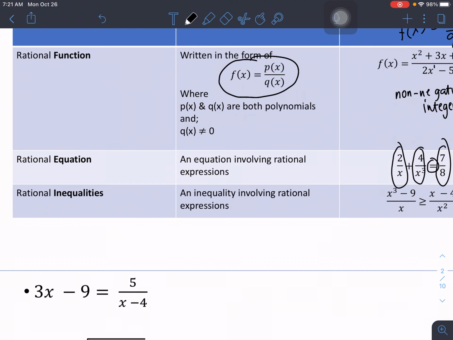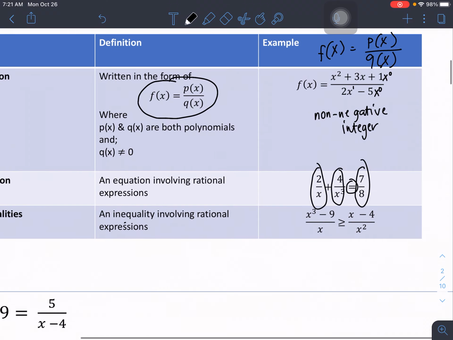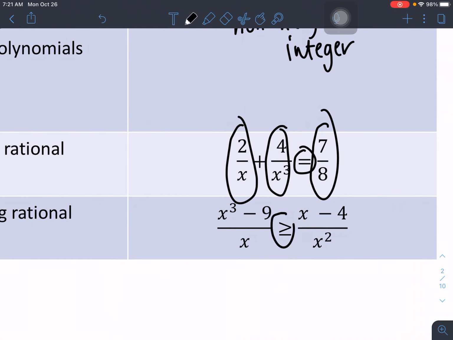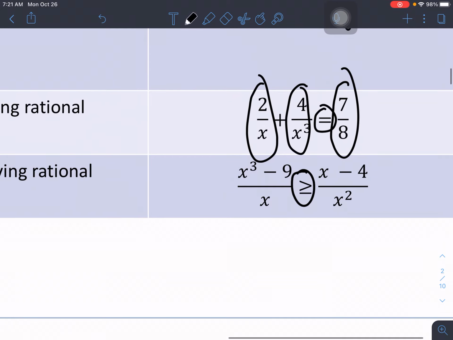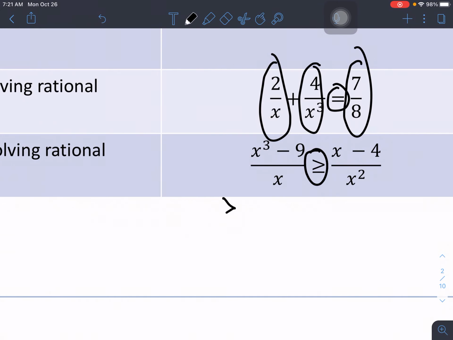Lastly, rational inequalities. Again, this is an inequality involving rational expressions. Similar to a rational equation, the main difference is the presence of inequality signs, such as greater than or equal to, less than or equal to, greater than, and less than.